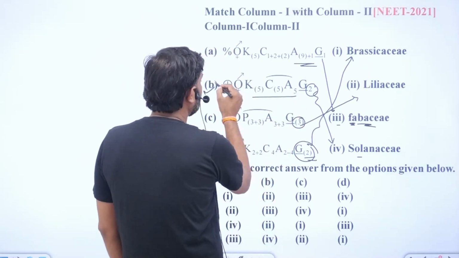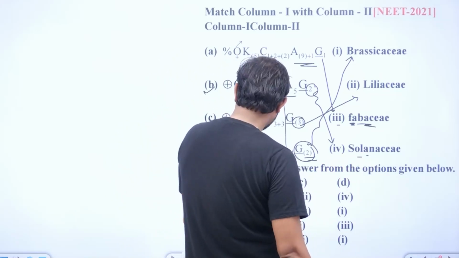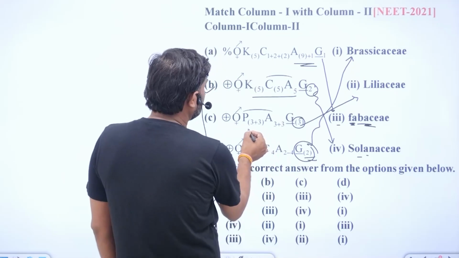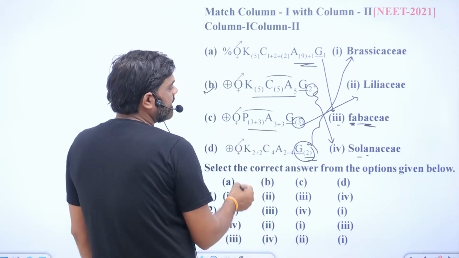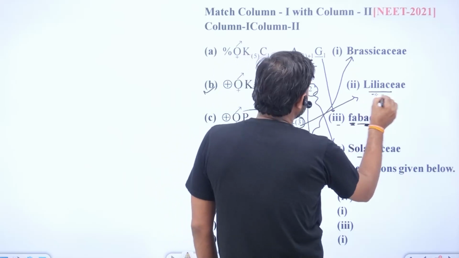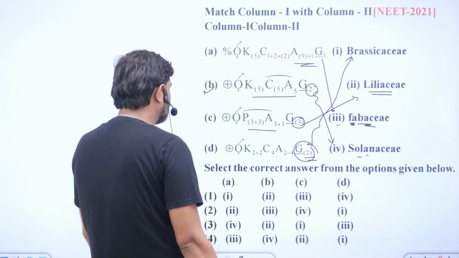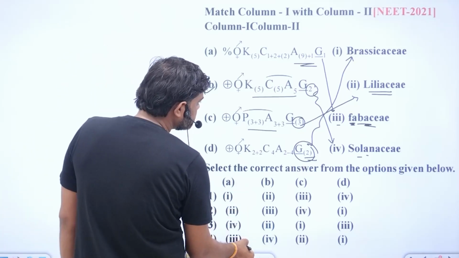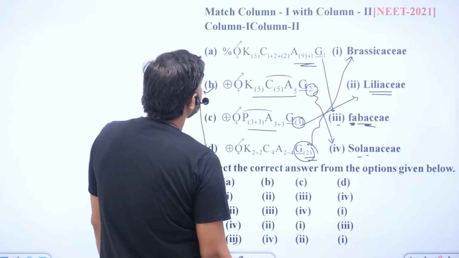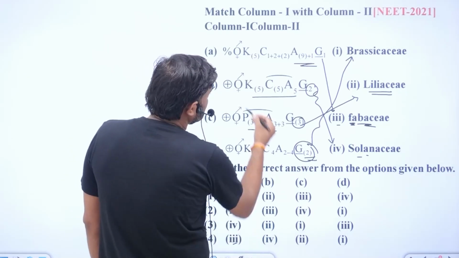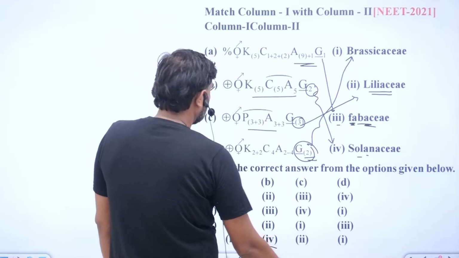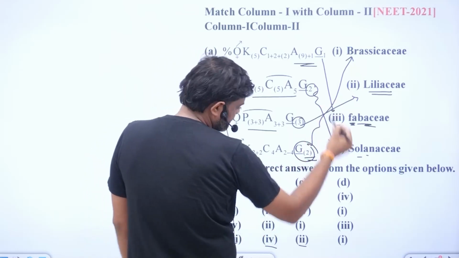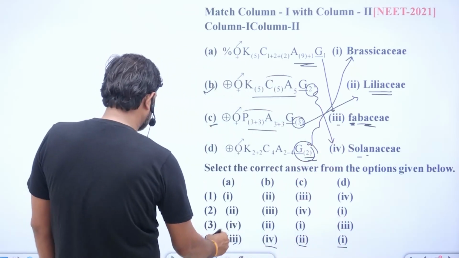Second means Solanaceae, and third, tricarpellary condition, trimerous flower, property of Liliaceae, and next is Brassicaceae. Match the column. First, A is third, Fabaceae. Second is fourth, and third is second, and fourth is first. Means the correct answer is 4.